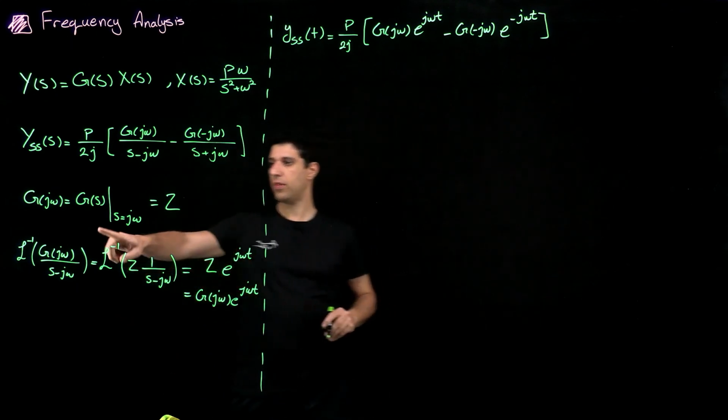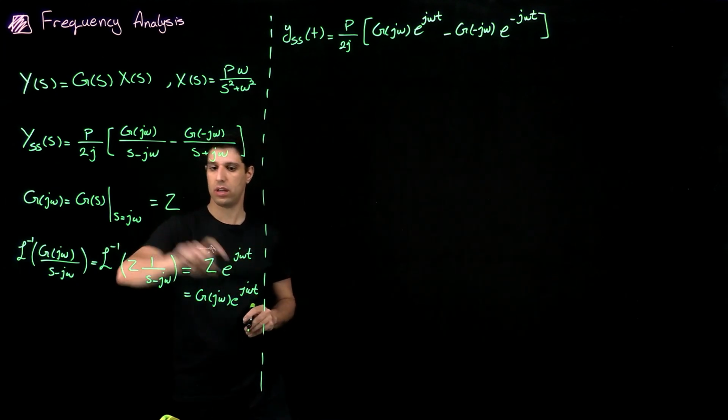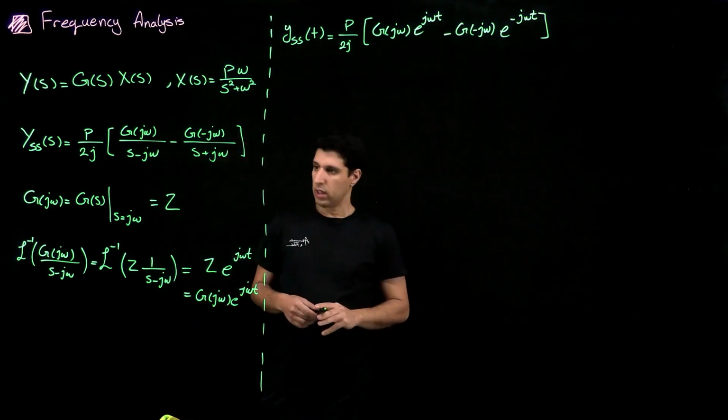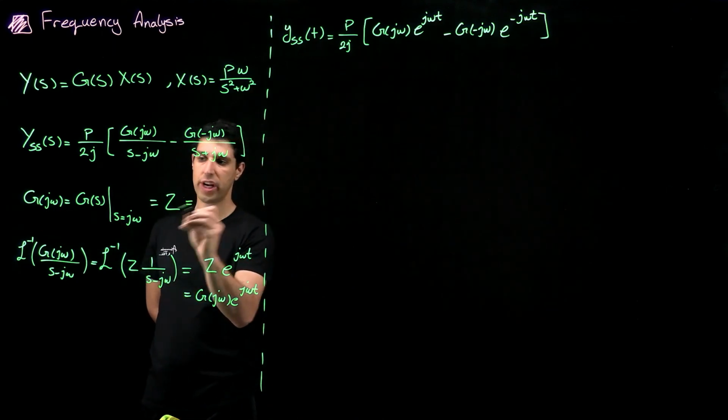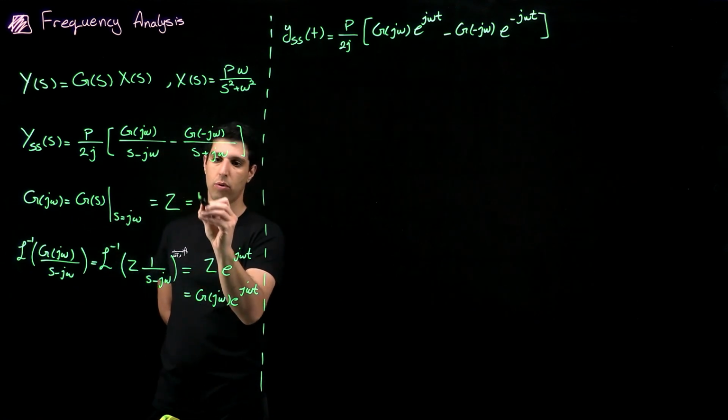And again, if I continue to write it here, g of j omega is some constant number. I could also write it in polar form.